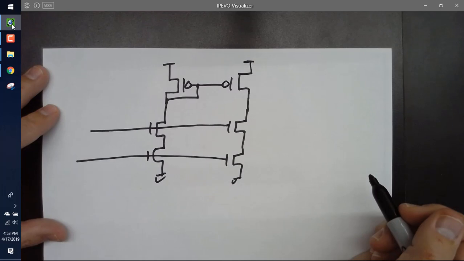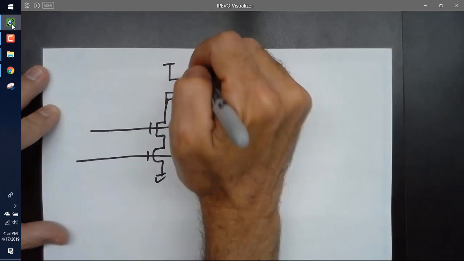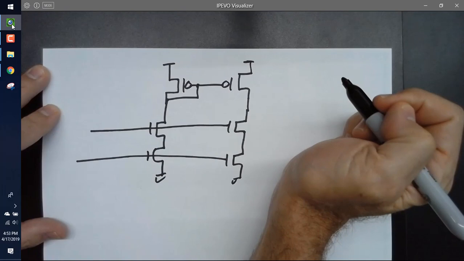If I think about this topology, what is the minimum VDD that I need?